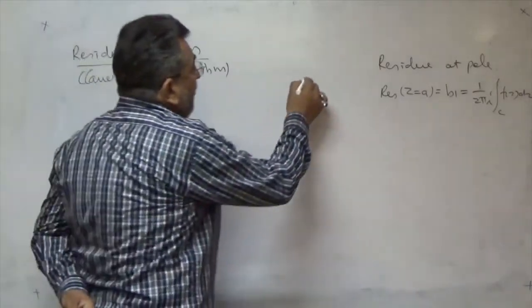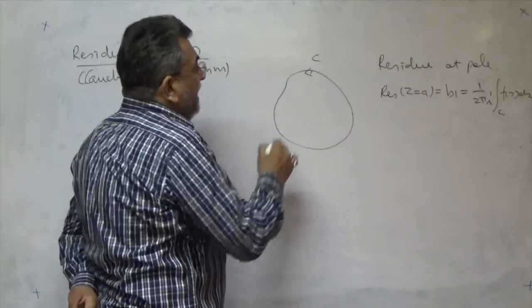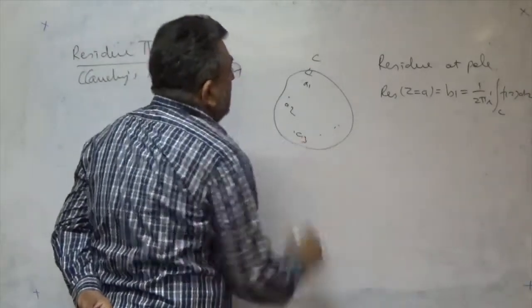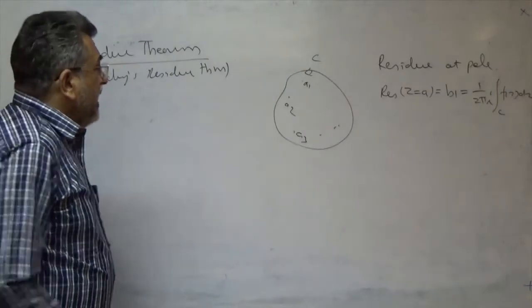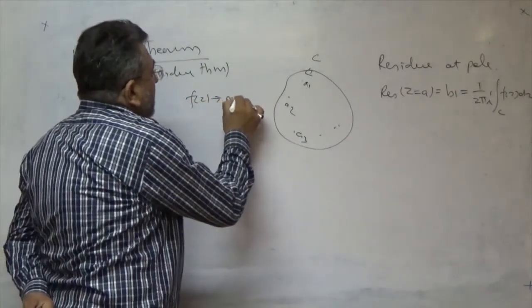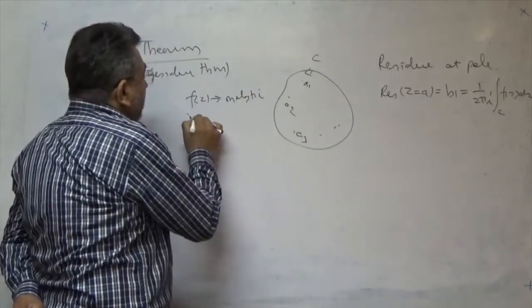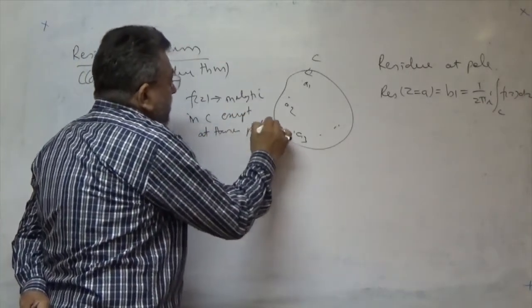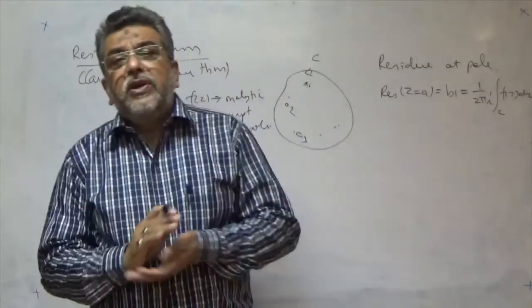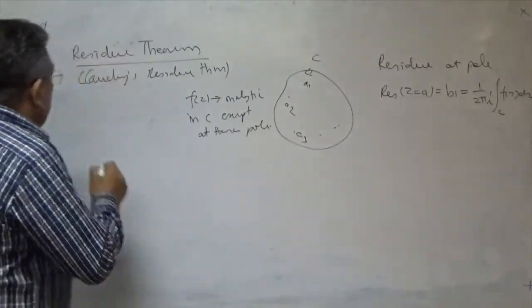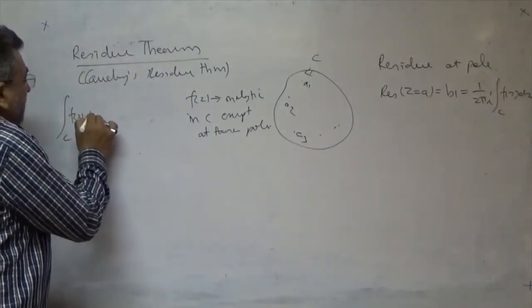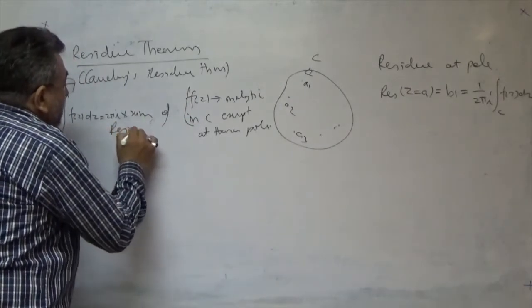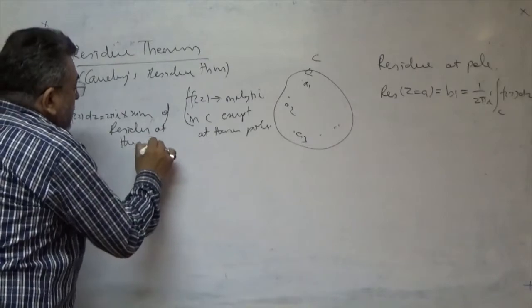I stated that if we have a closed curve C, in which a finite number of points are poles, and f(z) is analytic in C except at these poles, then the integral of f(z) over C is defined as 2 pi i times the sum of residues at these poles.